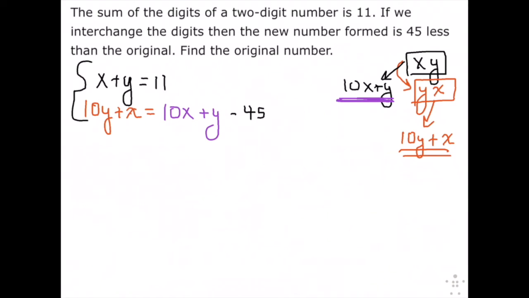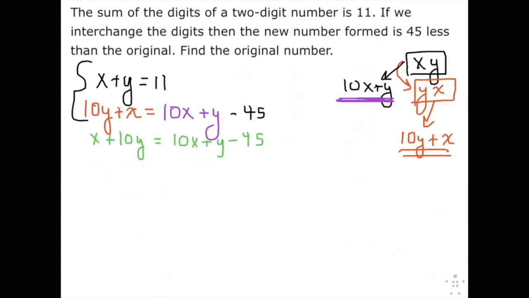Now, I highly recommend that you simplify the bottom equation before you move on. So let's simplify the bottom equation. I can get my x's and y's over to the left. So this is x plus 10y, I'm just rearranging it, putting it in order a little, equals 10x plus y minus 45.